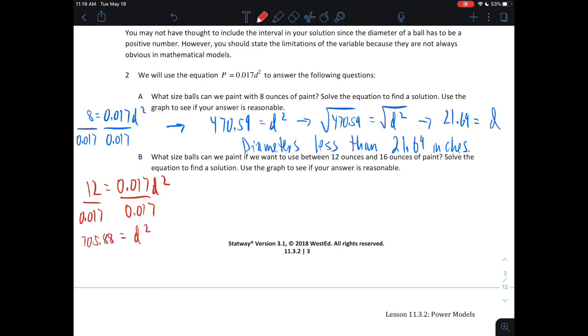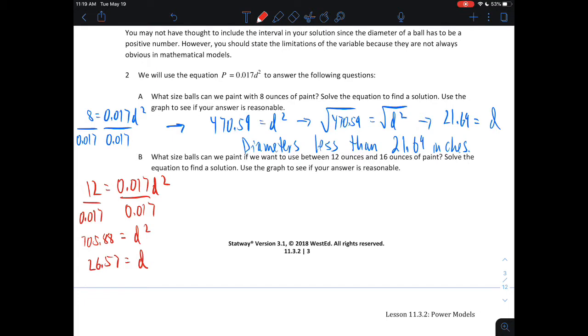And then take the square root of both sides. And you get 26.57 is equal to D. Notice you don't have to write the square root of both sides in your work if you don't want to. You can just use your calculator. The square root of 705.88 is 26.57.